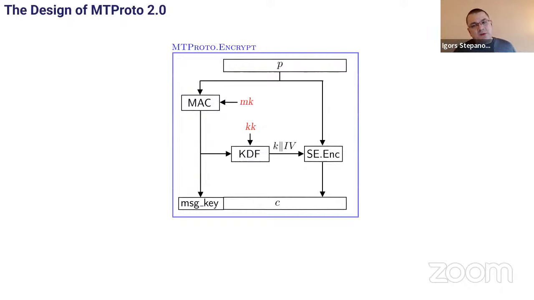You can now imagine that the decryption algorithm would go everything in reverse. It would take the ciphertext and the message key, derive the symmetric key using the KDF from the message key, decrypt the ciphertext, and then it would have to do the verification of the hash in order to confirm that the ciphertext was not tampered with.